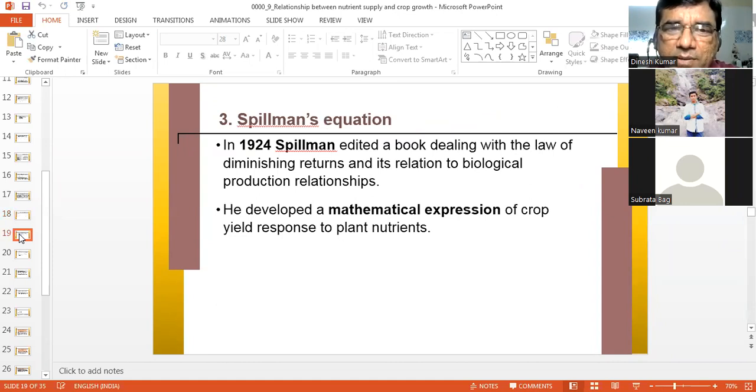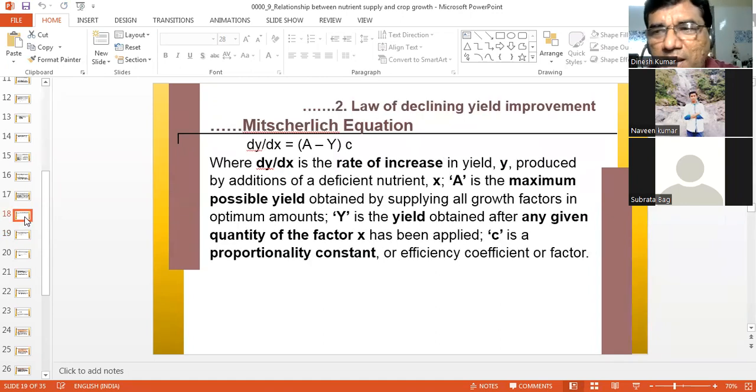Then came Spillman's equation. Now nobody likes it and it has no relevance. But one thing I want to tell you is that the Mitscherlich equation is even used today to decide the optimum quantity of fertilizer. When I was a student, our teacher used to teach us calculating the optimum dose of fertilizer through the Mitscherlich equation.